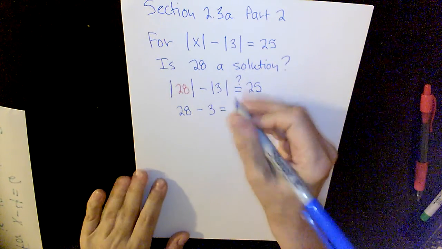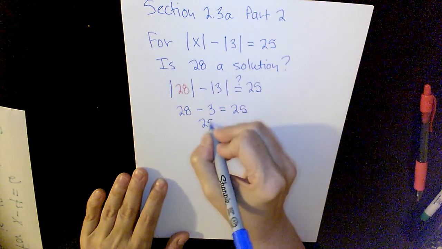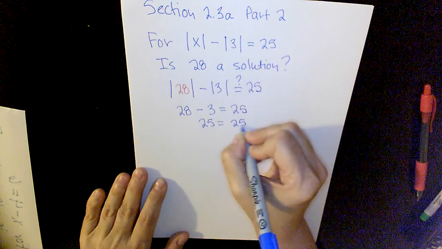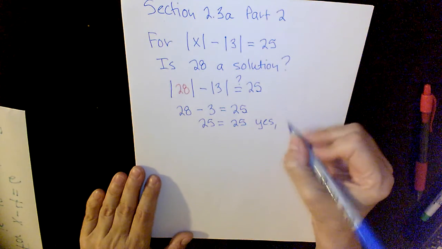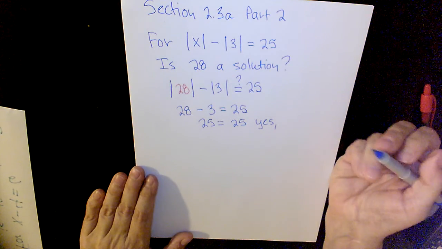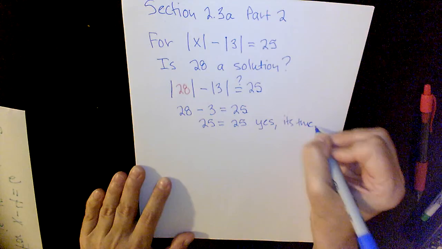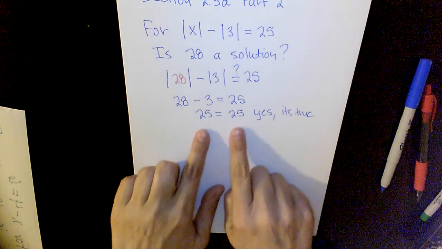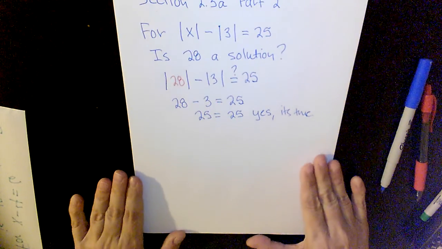And what's 28 minus 3? Well, that is 25. So yes, this does work. It's true. So both sides are equal to 25. It's true. 28 is a solution.